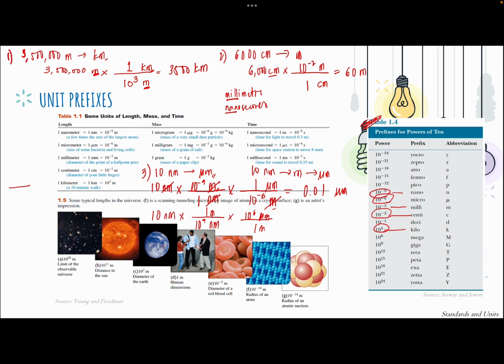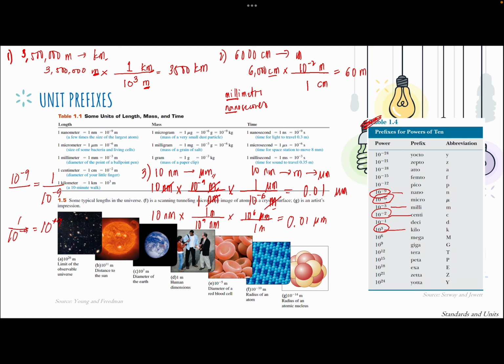Anyway, pag may negative ka naman na exponent, equal lang siya pag nilagay mo sa baba. Or pag may negative exponent ka naman sa denominator, that is just equal to a positive exponent dun sa numerator. So, ganyan. Parehas lang yung makukuha mo dito, which is 0.01 micrometer. So, ganun na.